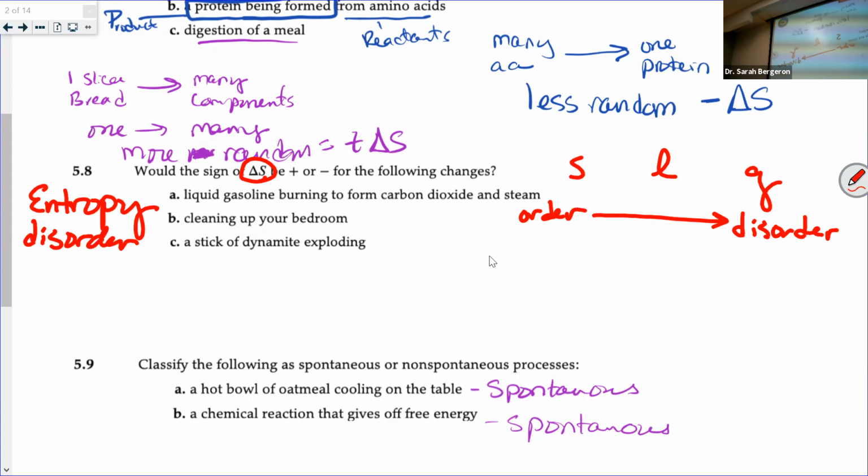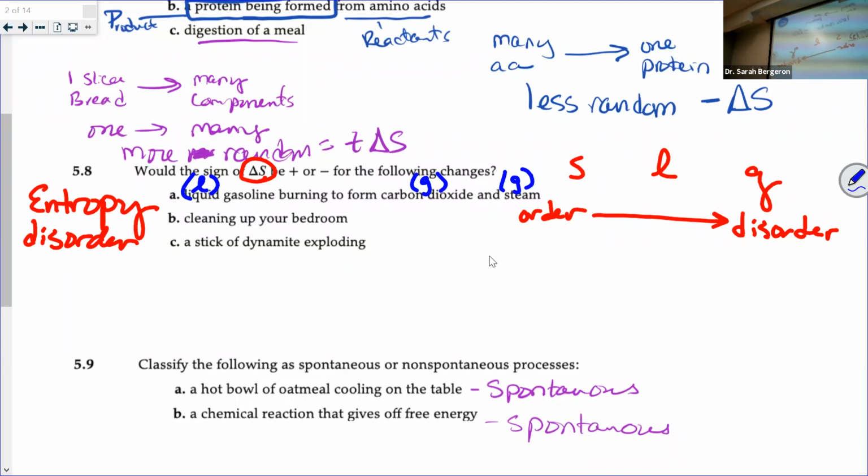That makes sense? Okay. So let's look at A. It tells me I have liquid gasoline burning to form carbon dioxide. What is carbon dioxide? It's a gas. How about steam? It's a gas. It's just water vapor, right?